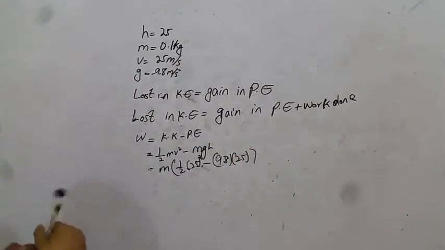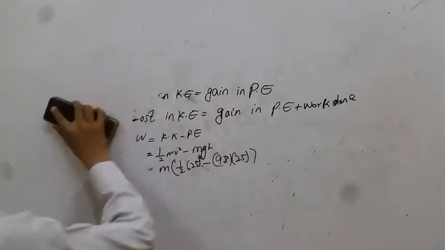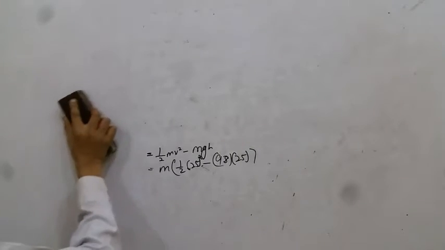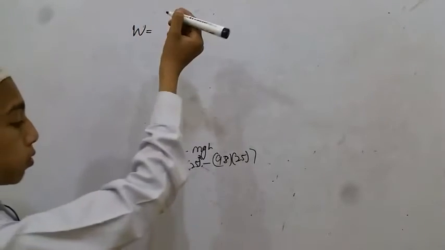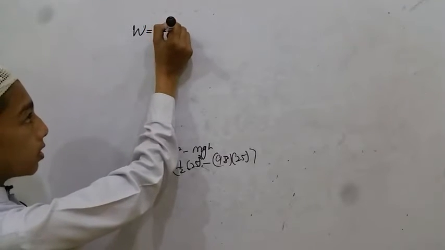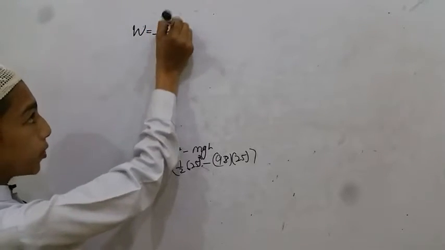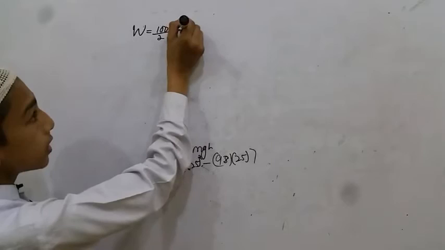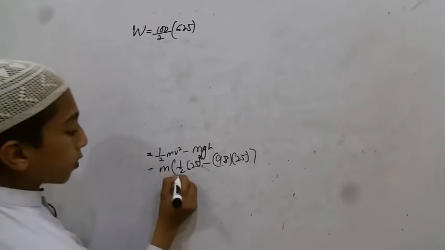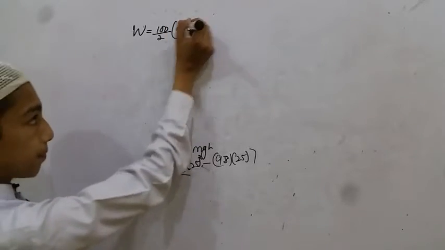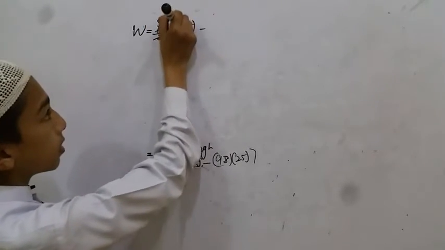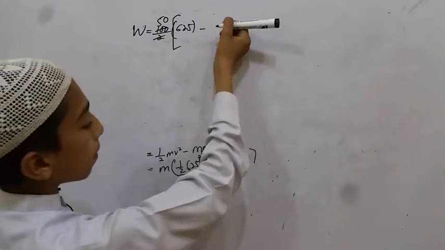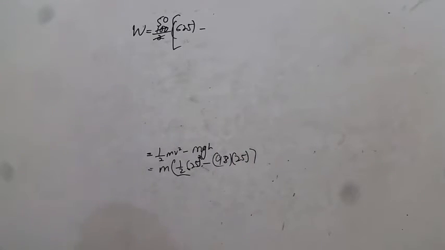So W is equal to 0.1 divided by 2 into 625 minus 9.8 into 25.